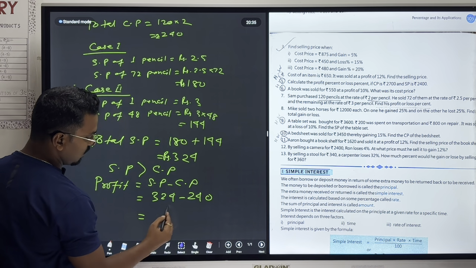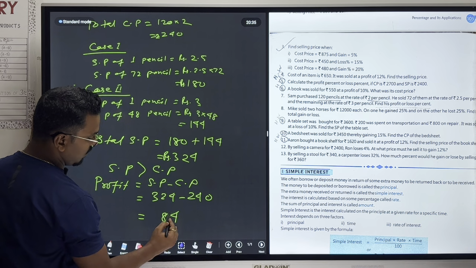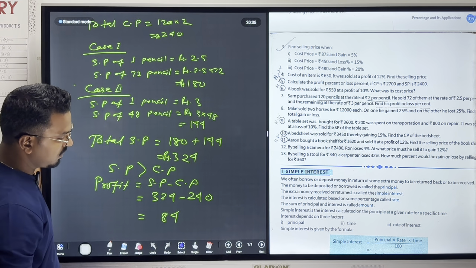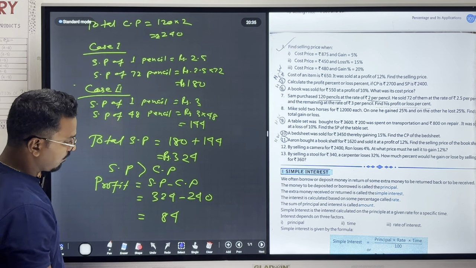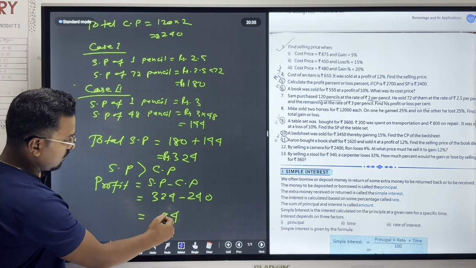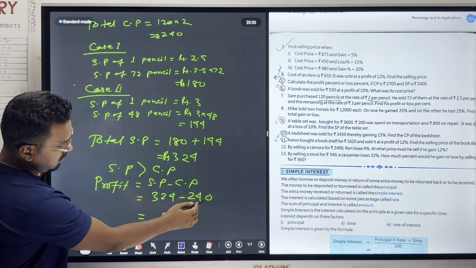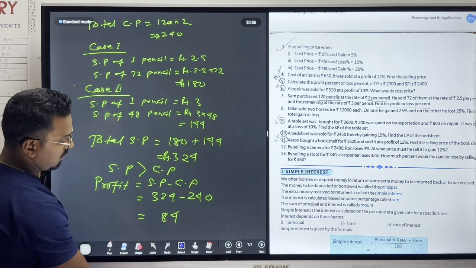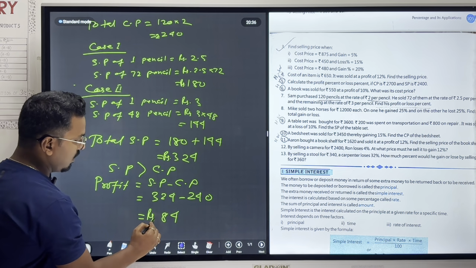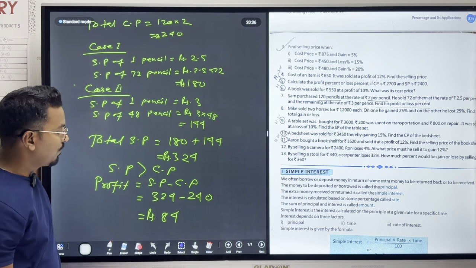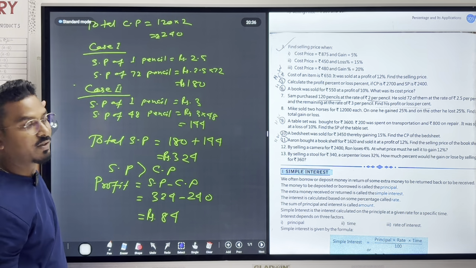If you subtract, what will you get? 84 rupees. Yes, 84 rupees. He got a profit of 84 rupees. Okay. Now we have to find the profit percent.